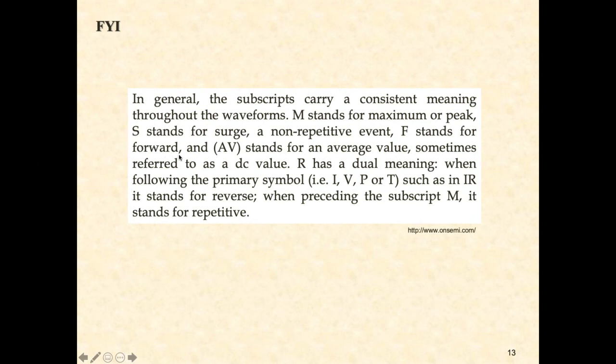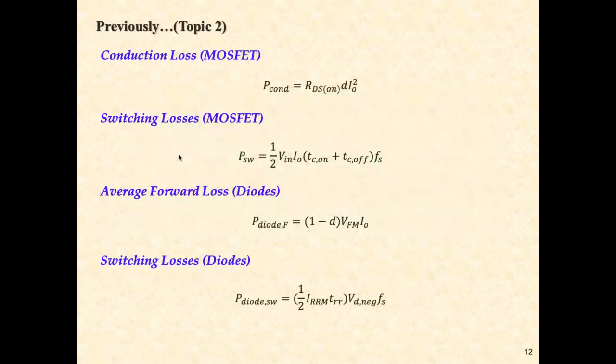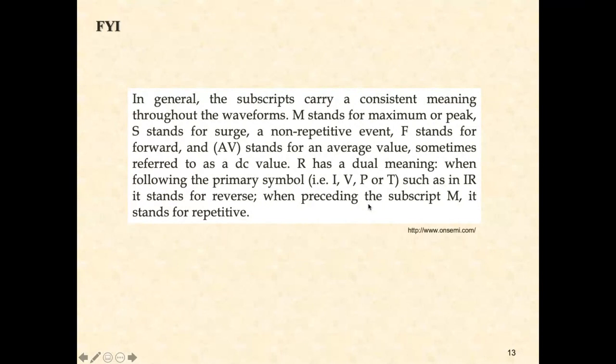For example, here we have V with the subscript F and M, right? So actually this one is the maximum forward voltage. Of course, now we are talking about the loss, so this is the maximum forward voltage drop of the diode. So you may need to know the meaning of those subscripts.